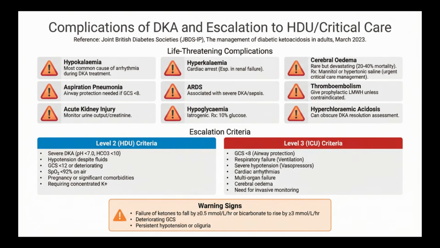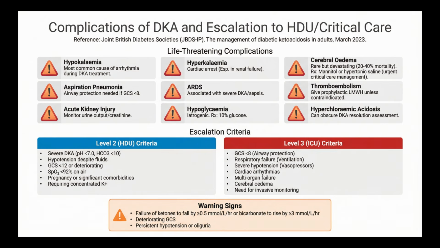We finish with the life-threatening complications of DKA and the criteria for escalation to higher levels of care, based on the Joint British Diabetes Society's guideline. Life-threatening complications: the most common cause of arrhythmia during treatment is hypokalemia, which is why potassium monitoring is critical from the start.